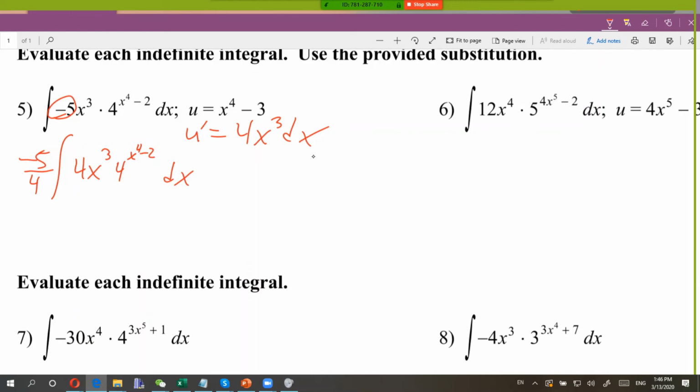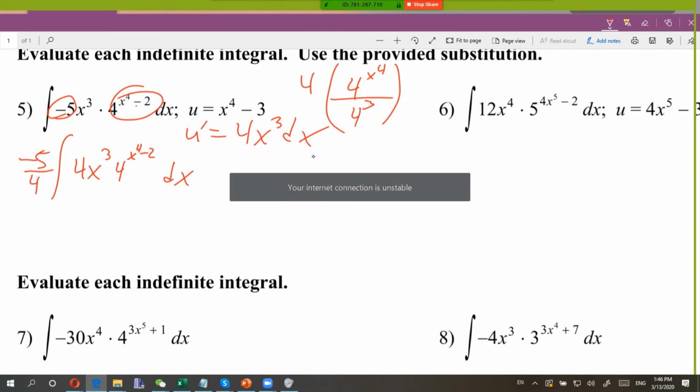So I could rewrite this as 4 to the x to the fourth power over 4 squared. If I wanted this to be -3 instead, then this would become 4 cubed, right? Yes. If I don't want to change the original problem, I would have to multiply by another 4, so that one of these would cancel and I would get back to my original 2. Does that make sense?